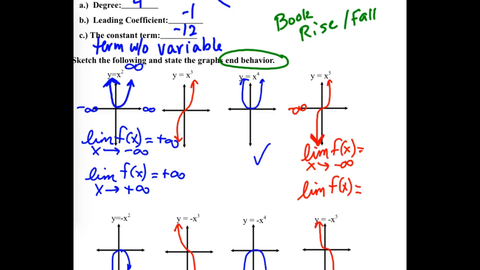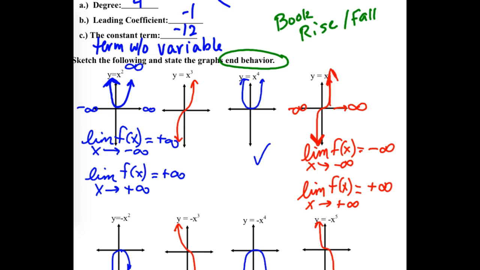So it's falling on the left. It's going lower and lower and lower. So my y values are going towards negative infinity, towards the bottom. On the right-hand side, as my x's go to the right, towards positive infinity, my y value is pointing up, all right? And high up in the y direction would be positive infinity.